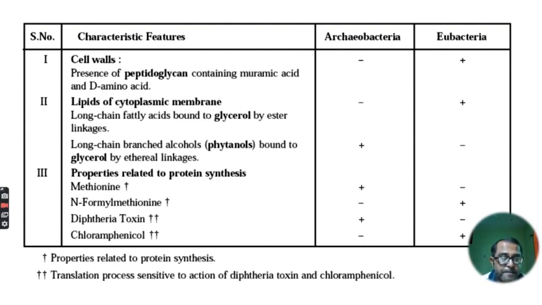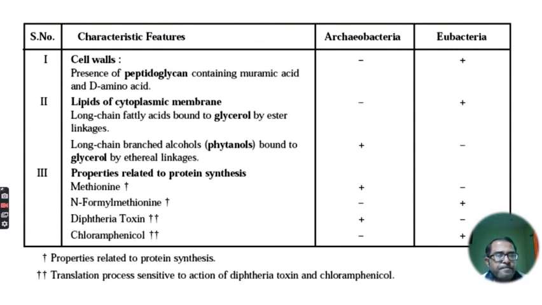In the cytoplasmic membrane of Eubacteria, there is a presence of long chain fatty acids bound to glycerol by ester linkage. It is present in Eubacteria, but it is absent in Archaebacteria.